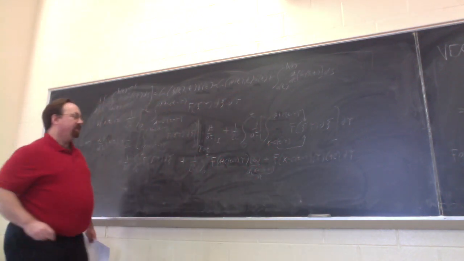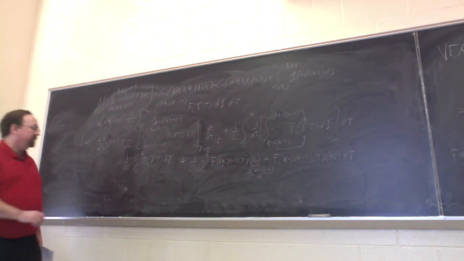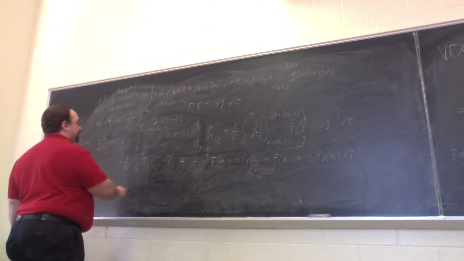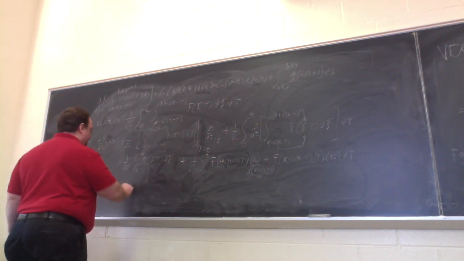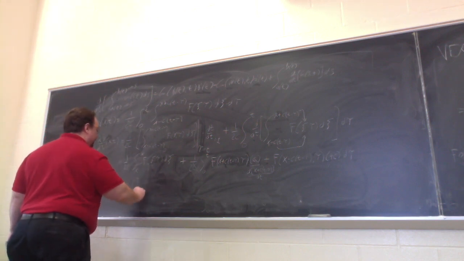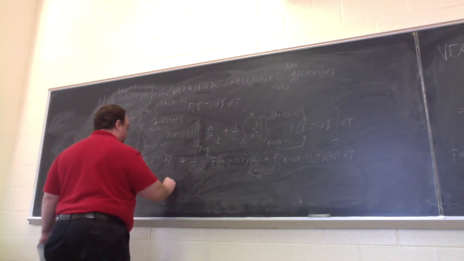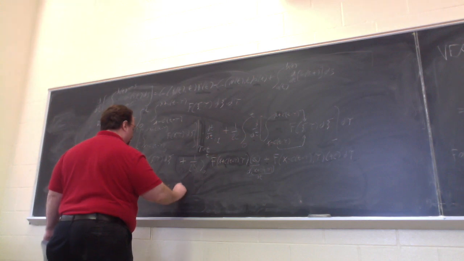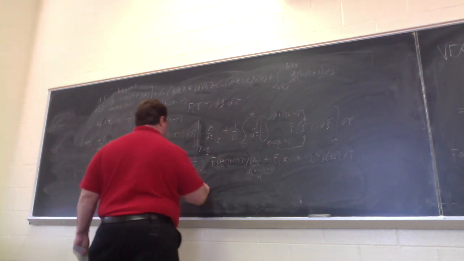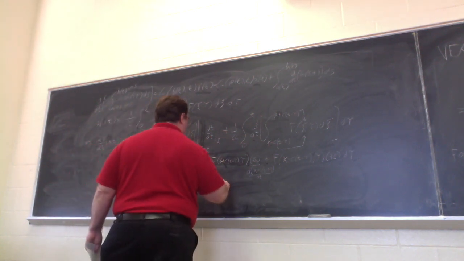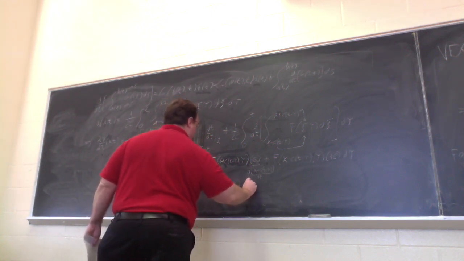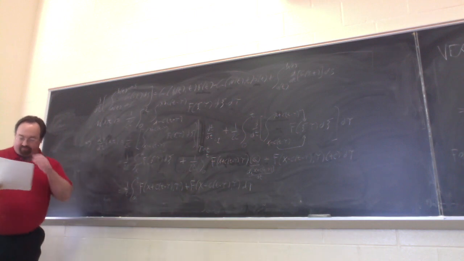But that c also cancels out. So now I can express this whole derivative with respect to t as 1/2 integral from 0 to t of f of x plus c(t minus tau), tau, plus f of x minus c(t minus tau), tau, d tau. Okay.